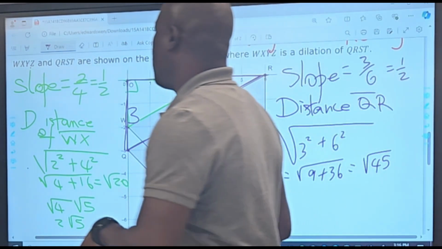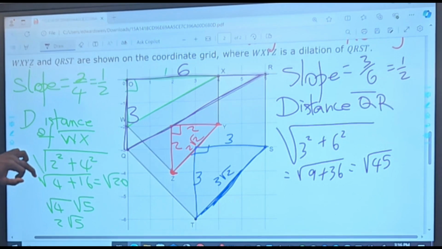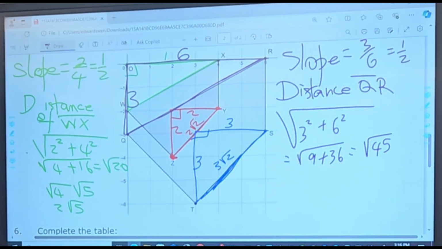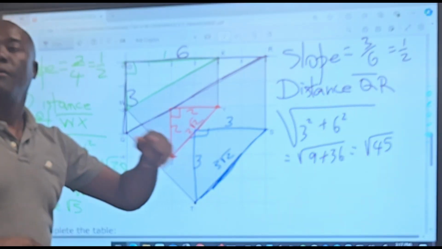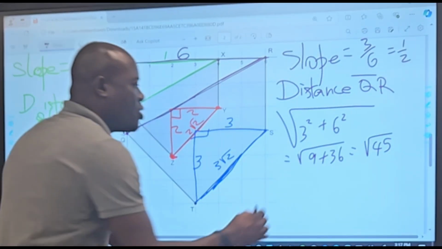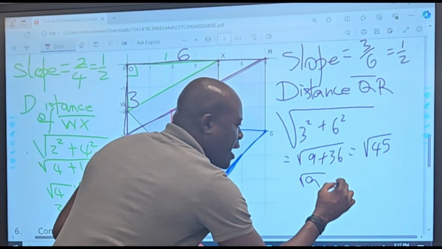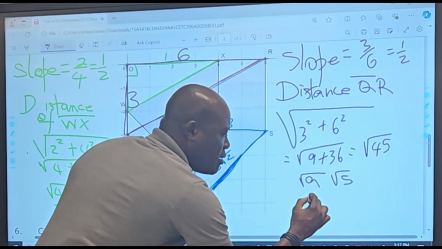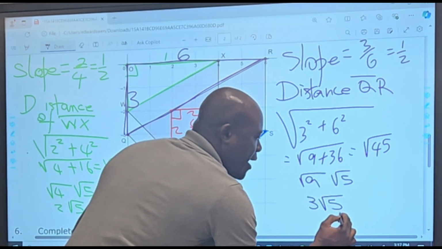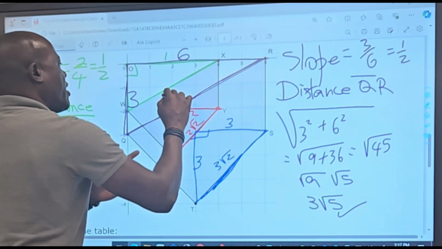Is there anybody who wants to break that one for me? What are we going to use to break that down if it is possible? 9 and 5. So it's going to be the square root of 9 times the square root of 5. Finally, we'll get 3 square root 5. So that's the distance here in purple.